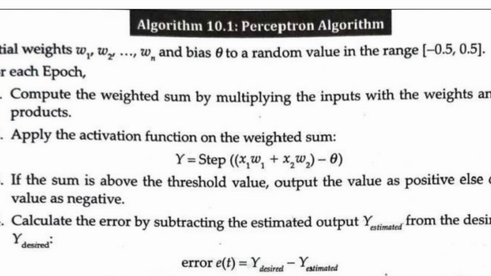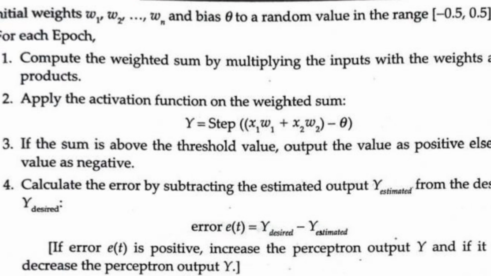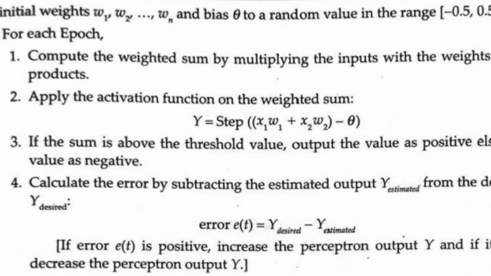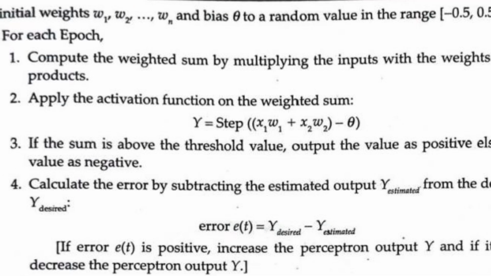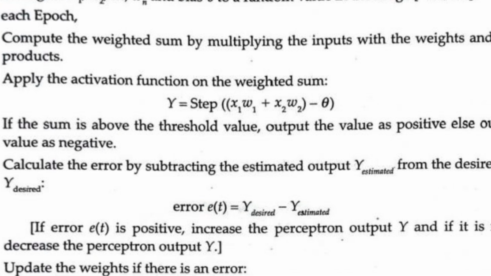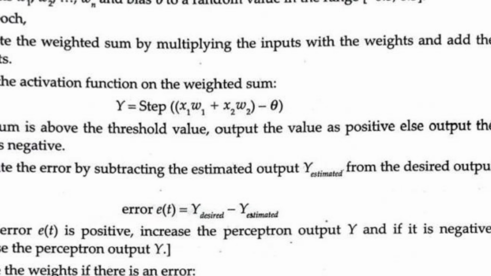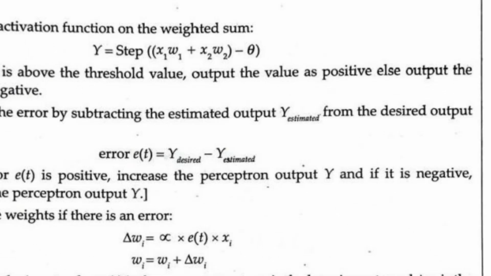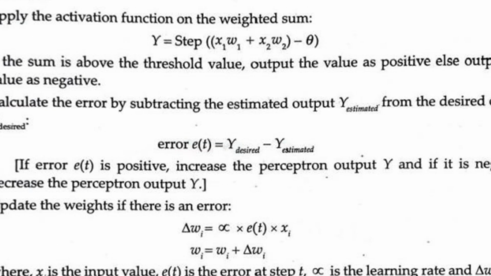In the next step, apply the activation function on the weighted sum, that is, x1 w1 plus x2 w2 minus theta. If the sum is above the threshold value, the output is positive, otherwise the output is negative.